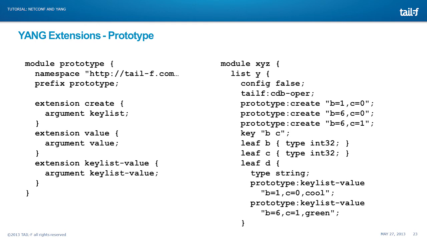But for defining extension statements for the Yang language, you use the extension statement. Here, we see a definition on the left of some Yang extensions. So we have a module, and in there we're creating three new statements: create, value, and key list value, and then also declaring arguments.